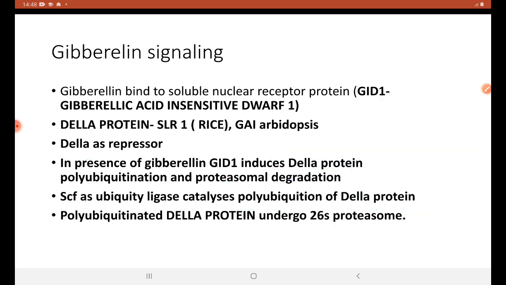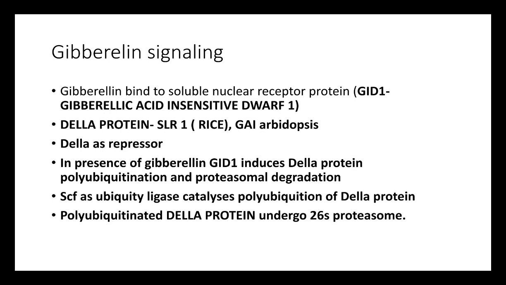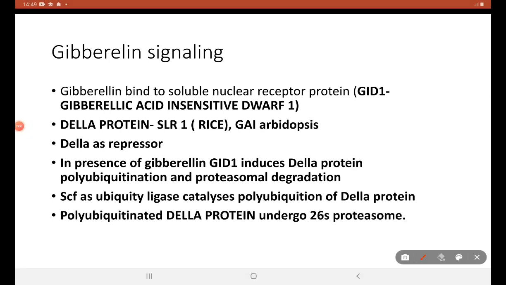Okay, let's sum up. The gibberellic acid signaling pathway is very important for the CSIR exam with regard to the functioning of the DELLA repressor. It is asked multiple times in various competitive exams of life sciences. The major function of DELLA protein is as a transcriptional repressor.